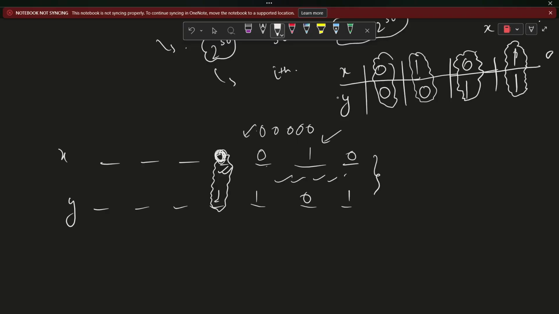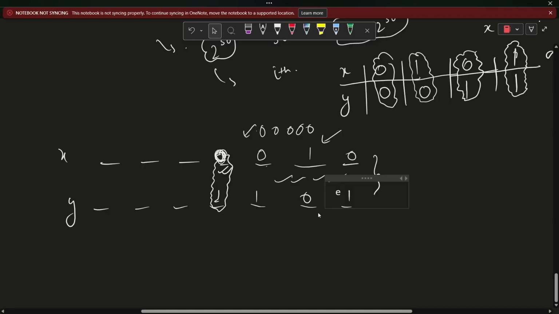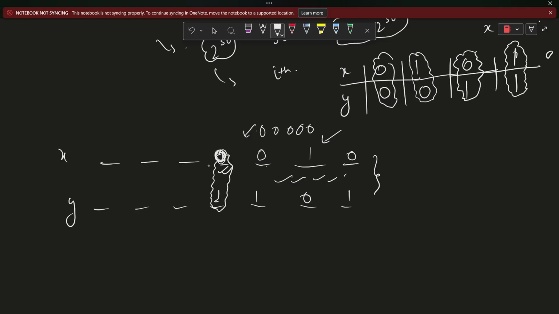What if I am increasing? Let's say this is the first index where my bitwise and is non-zero.